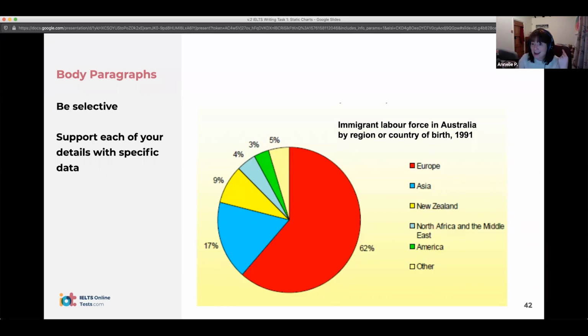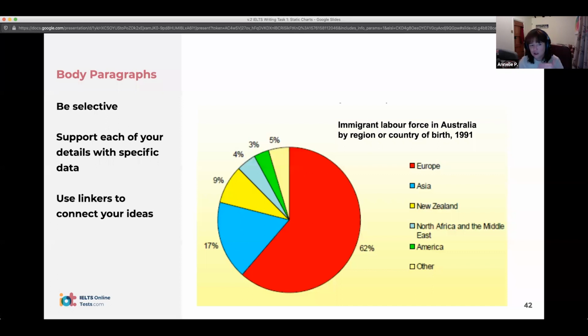One is the language. So in this case, it's going to be comparison language, fractions, and the other one is the exact data, so the exact figures. If you have the language and no data, you will lose marks. If you have the data and no language, you will also lose marks. So you've got to combine the two of them together. Okay, that is really, really important in the body.